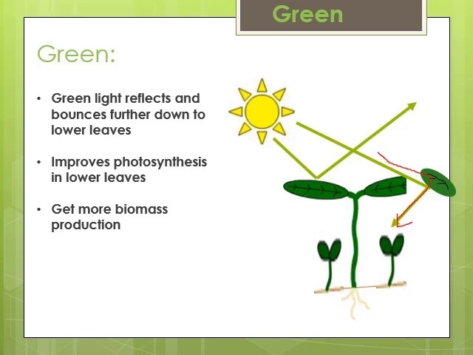And of course, studies have shown that there is increased biomass with the addition of green in the spectrum. Now, just a couple of little green LED lights may not make a huge difference. It's hard to say. That study at the end has up to 20% or so, so that's a fair amount. Some LED fixtures put just 2 green LED lights in and they think, well, there you go, we got green. But that's not going to cut it.